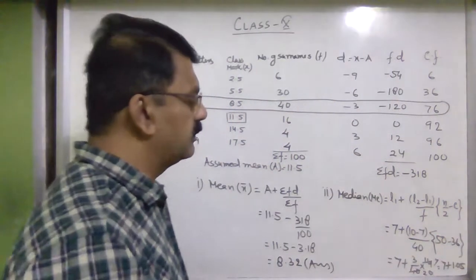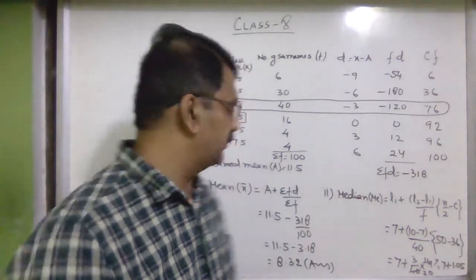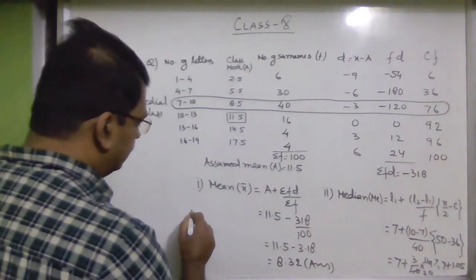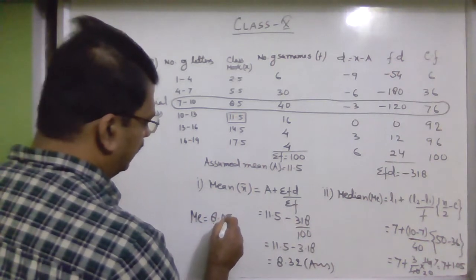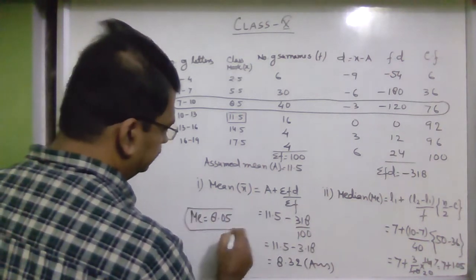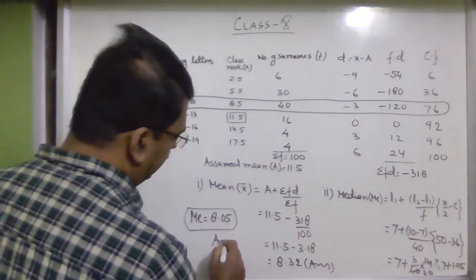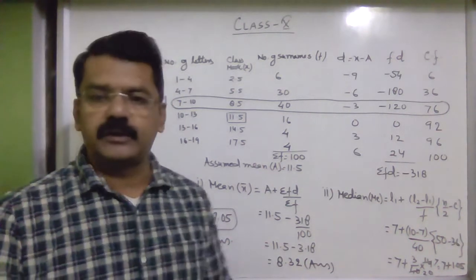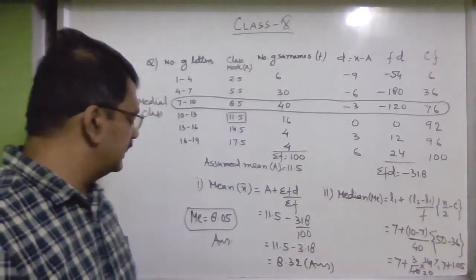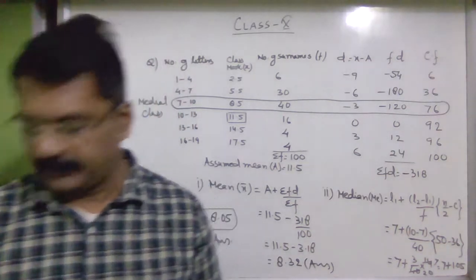So 7 plus 1.05 will be 8.05. So the median is 8.05. Okay, so you can see the mean is 8.32 and the median is 8.05.